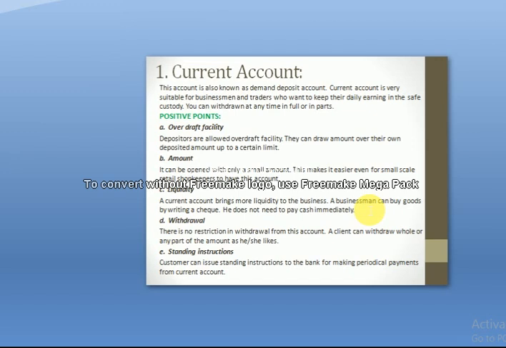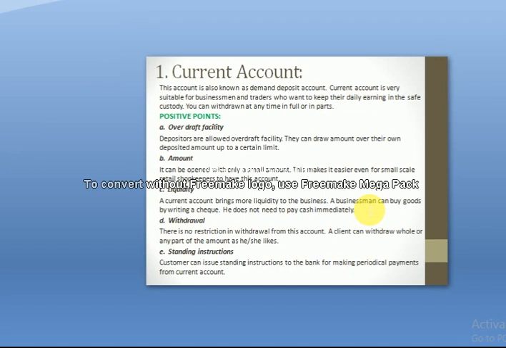The bank will give services to account holders in this case, but will charge some service charges. So these facilities are provided to current account holders. That's why these come in the benefits or advantages of the current account.